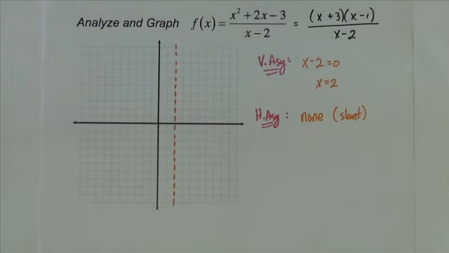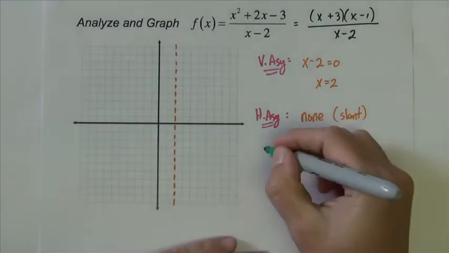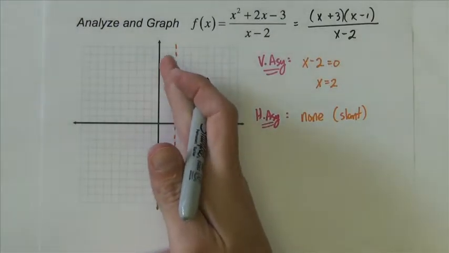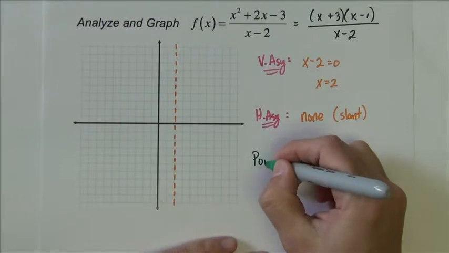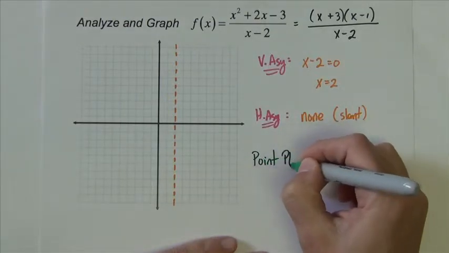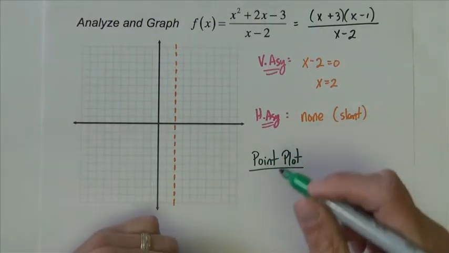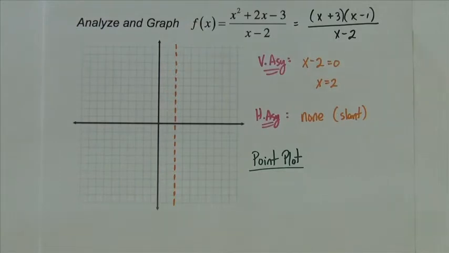What I'm going to do now is just simply do some point plotting again. So I need a table of values for the numbers out here, and a table of values for the numbers out here. I'm not going to make real tables again. I'm going to do it all on the graphing calculator.